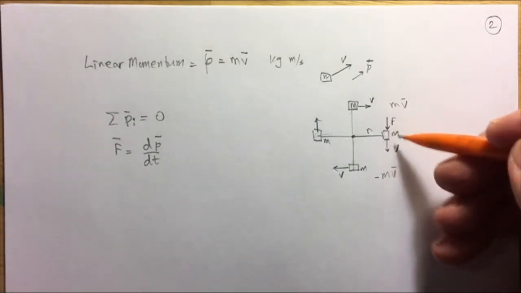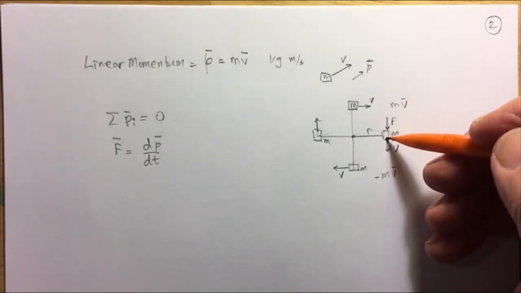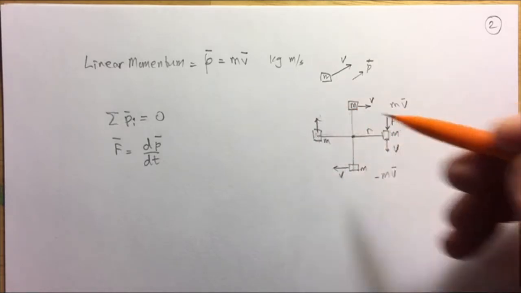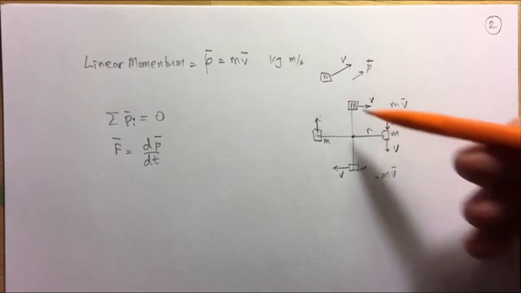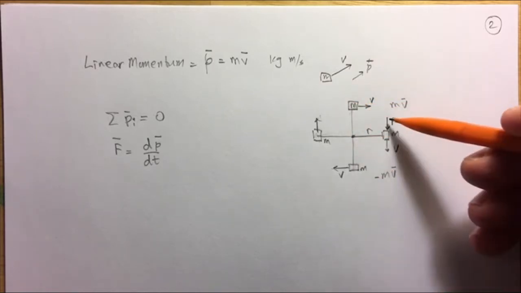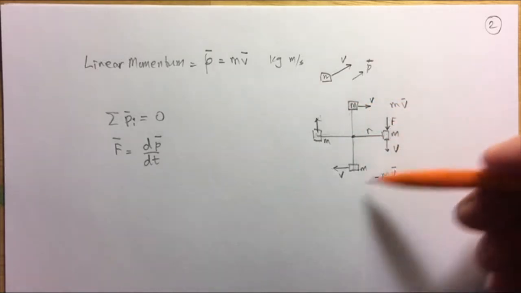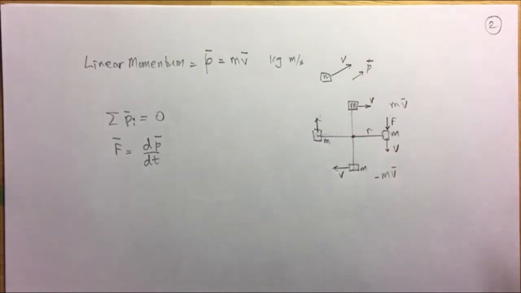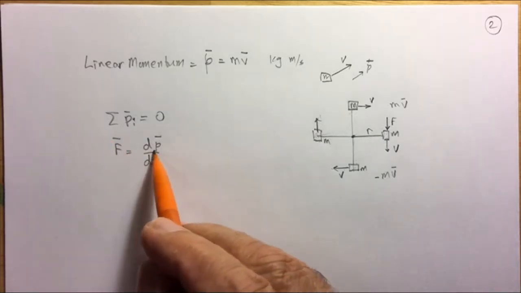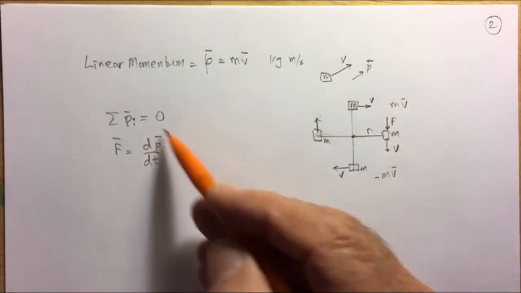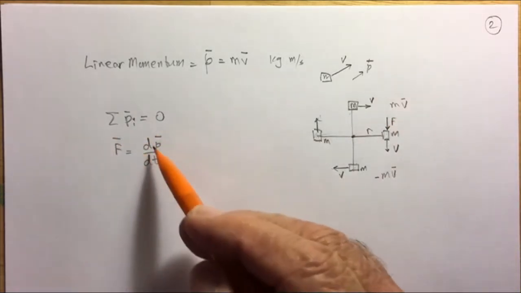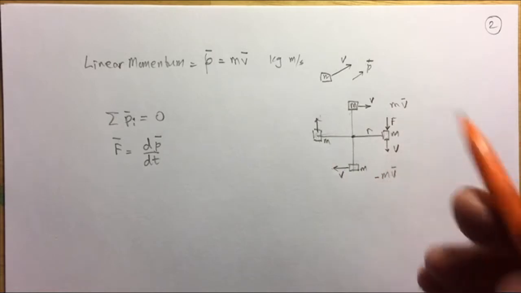So when we apply this force, this gains linear momentum, but this gains an equal and opposite momentum in the opposite direction, and it cancels it out, and so do these two. So we are applying a force, but the linear momentum of the system is not changing, and that apparently contradicts what we've been doing before, that the force is the rate of change of linear momentum. We do have a force, but this side is not zero, while this side is zero for the whole system, not for one particle.